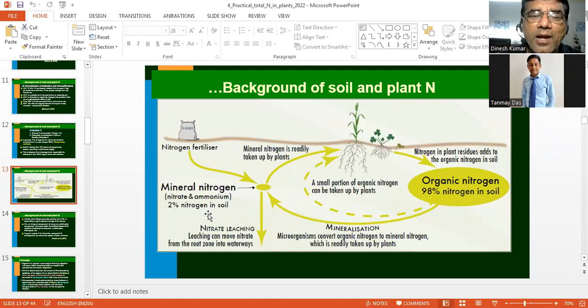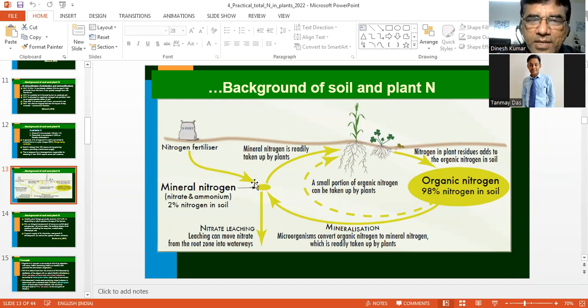And number two is that annually 2% of the organic nitrogen is converted into inorganic nitrogen. So these two 2% values have two different meanings. 2% means out of total nitrogen in soil, 2% is inorganic nitrogen. And in 1 year, 2% of the organic nitrogen is decomposed into inorganic or mineral nitrogen.